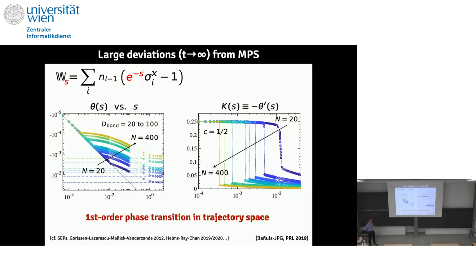You do it with matrix product states, and what you can see is the following. This is the largest eigenvalue in some log scale. It has two branches that come together and they cross. The crossing moves to smaller values of s. In the large size limit, s goes to 0. The system sizes you can do easily go into the hundreds, extremely precisely.